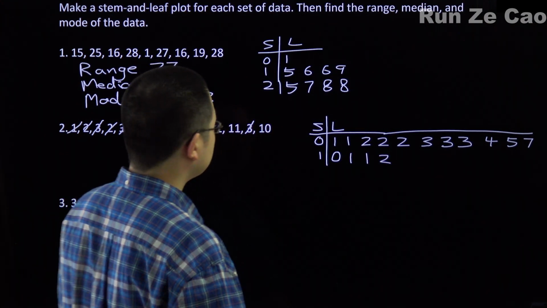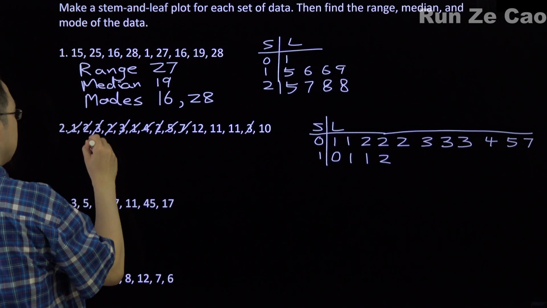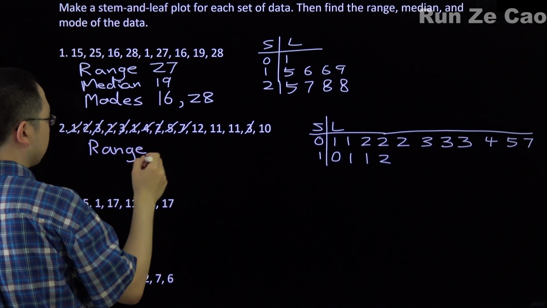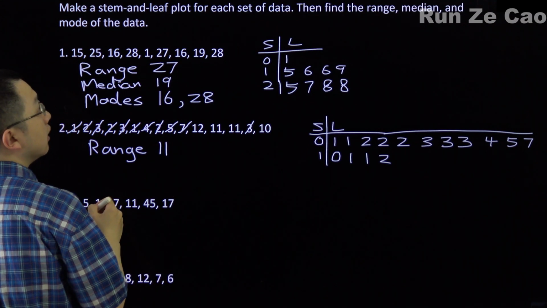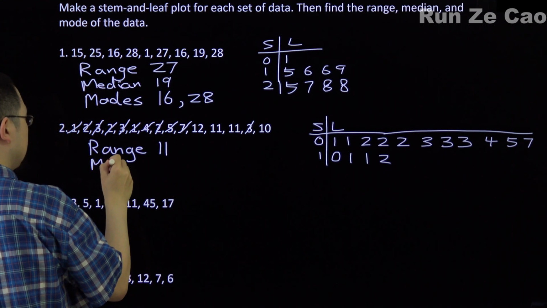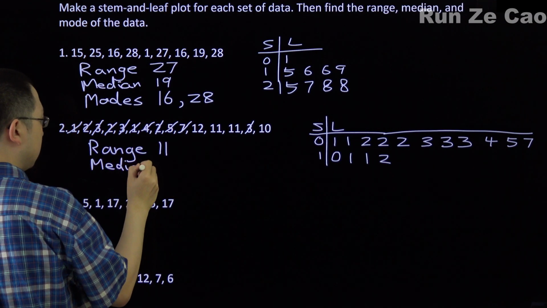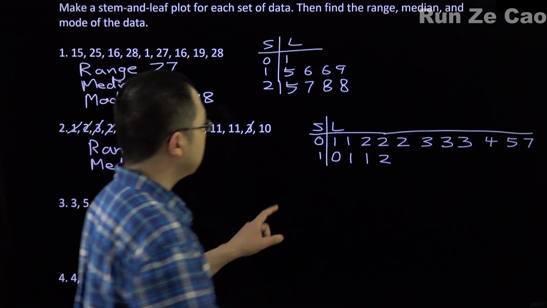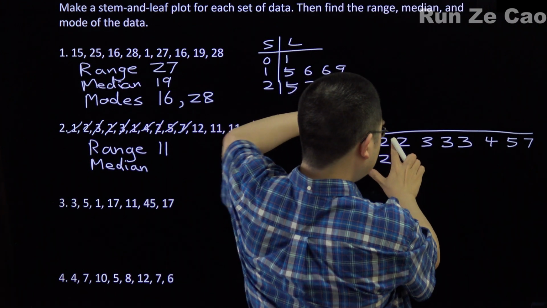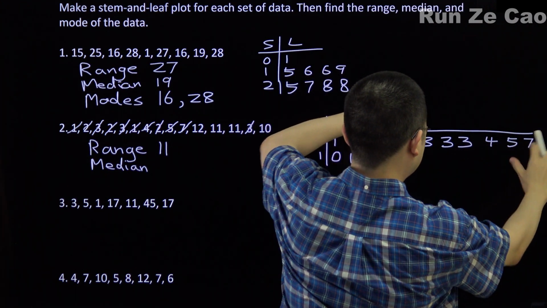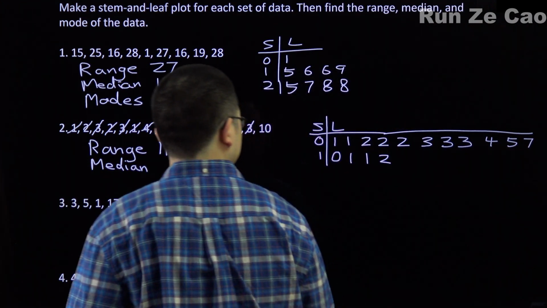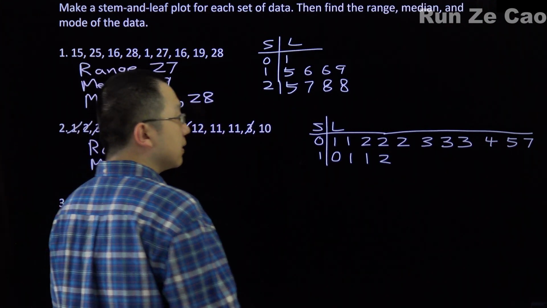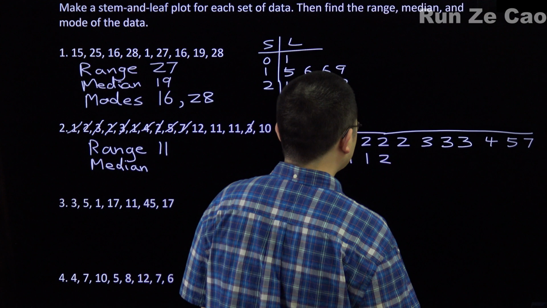So, the range is 12 minus 1, or 11. The median: there are how many numbers here? Let's see, we got 8, and then 7. So 15 numbers. 15 numbers means that the 8th number is the one we're looking for.